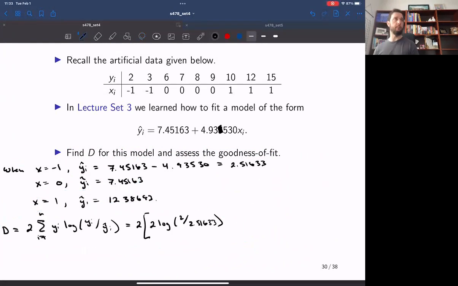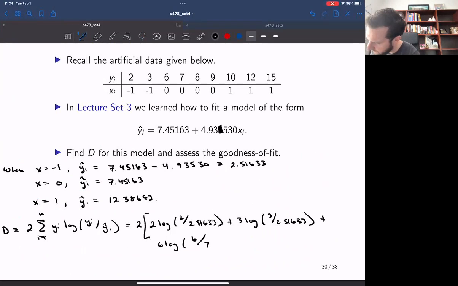And then we would have, for example, plus 3 times log 3 over 2.51633. And then, for example, we would have 6 times log 6 divided by 7.45163. And then we would just keep working this down to the last value, where we would have 15 times log 15 over 12.38693.